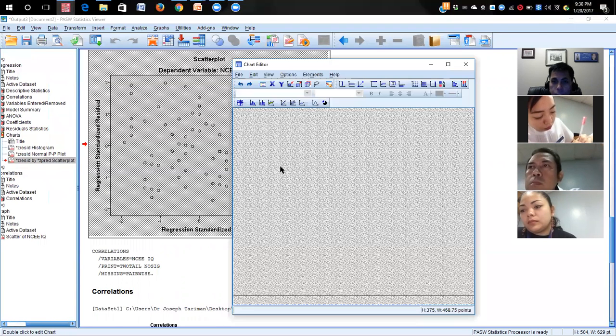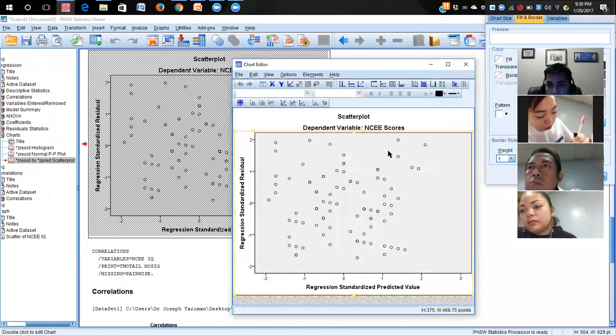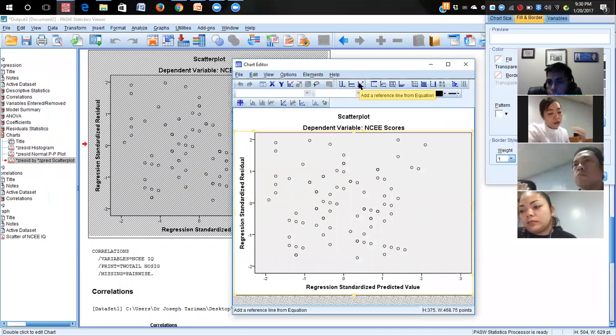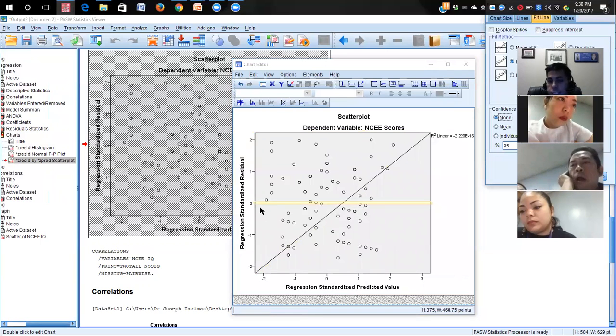And if I put a line on this one, right here, using the linear equation, if I put a line using linear regression, see this?